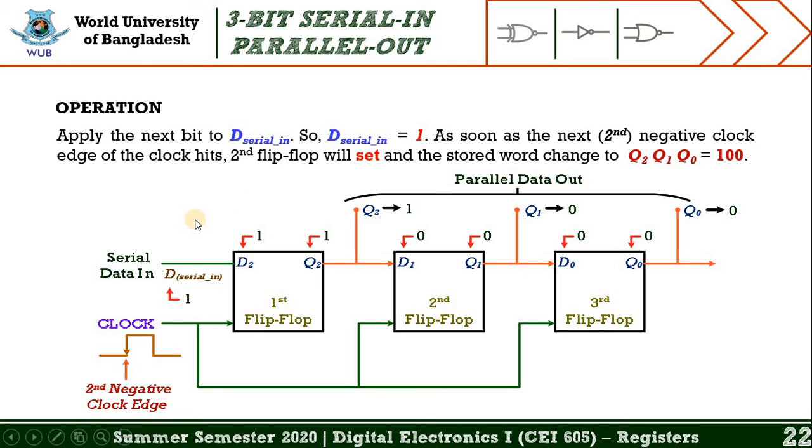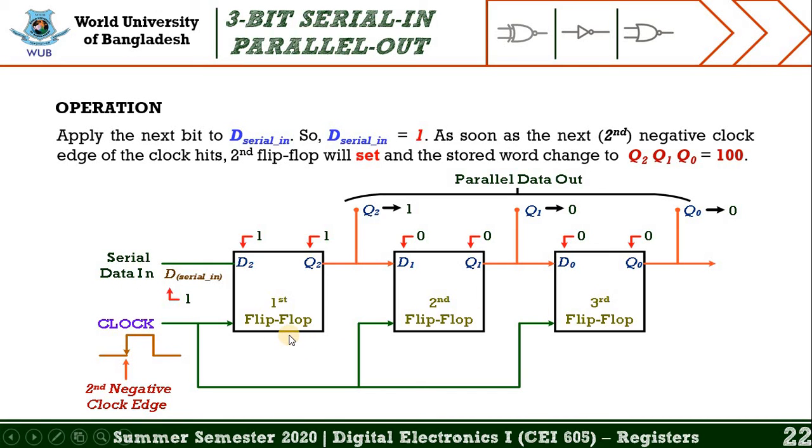If you look at the figure, you may find the value of D serial in is now 1, but previously it was 0. That's why the value of D2 is equal to 1 and the value of Q2 is also 1.